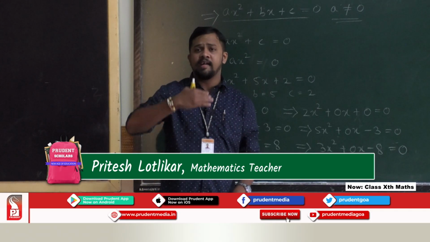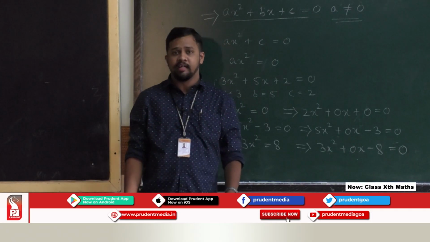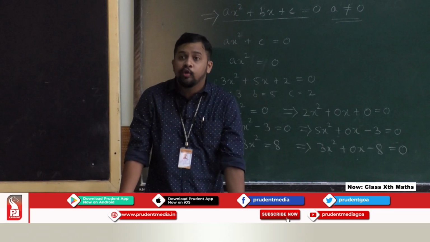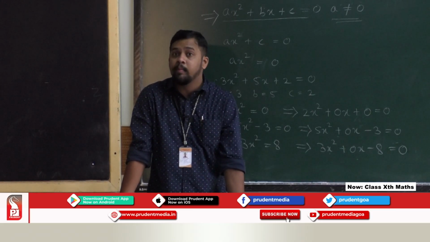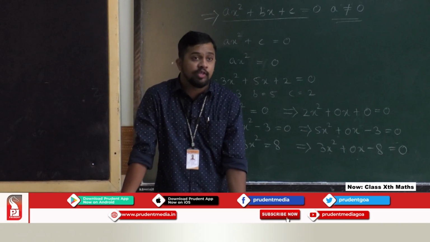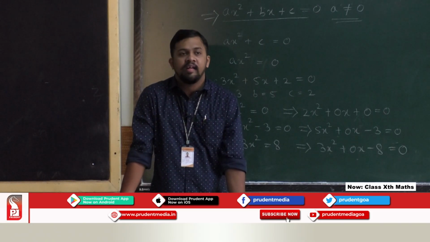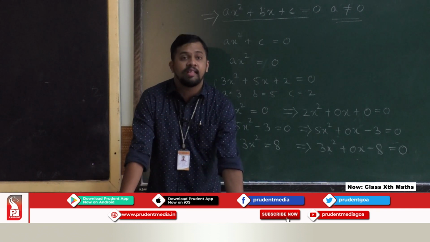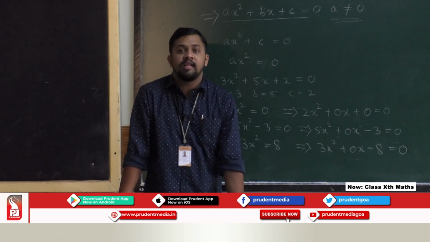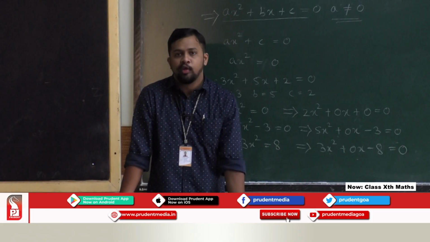And a few more identities you have learned, that is cubic identities. A plus b the whole cube, which is nothing but a cube plus 3a square b plus 3ab square plus b cube. A minus b the whole cube equal to a cube minus 3a square b plus 3ab square minus b cube.